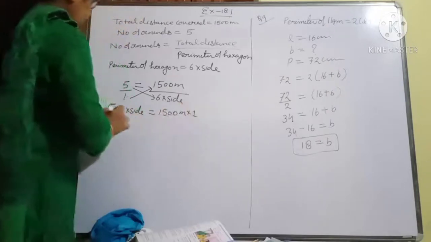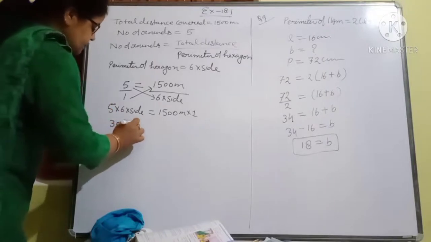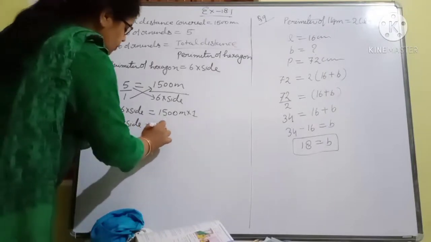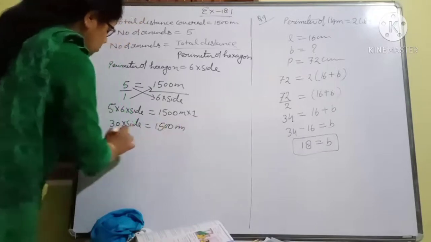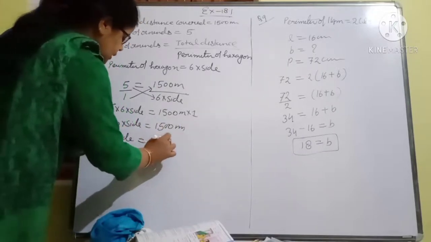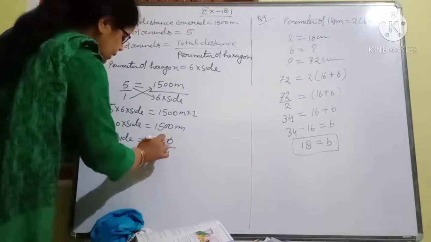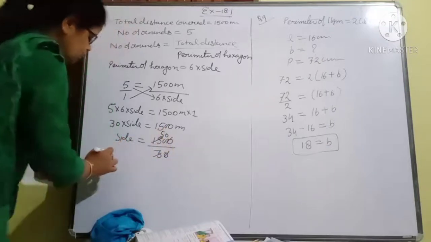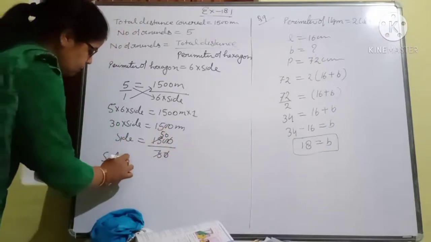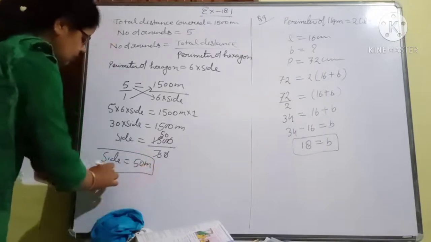So 5 6s are 30 into side is equal to 1500 meter. So the side of the hexagon will be equal to 1500 divided by 30. 3 5s are 15, 50. So the side of the hexagon will be equal to 50 meter.